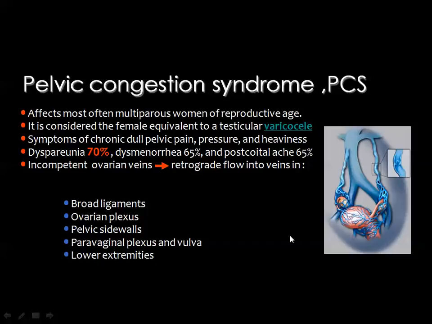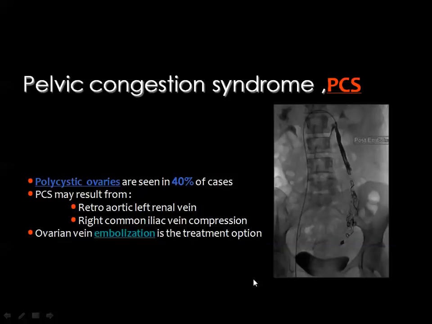Then the incompetent ovarian veins will lead to retrograde flow of the blood into the pelvic veins, which are the veins in the broad ligament, the ovarian plexus, the pelvic side walls, the paravaginal plexus, and the vulval veins, as well as into the extremities maybe.